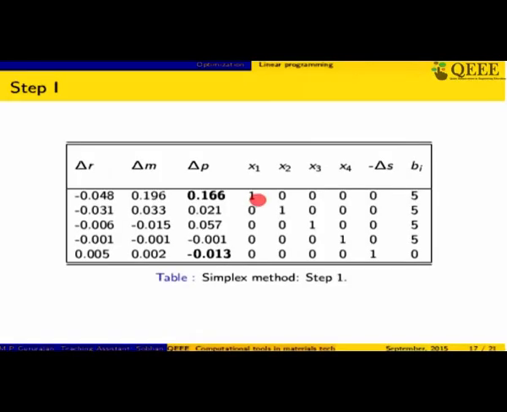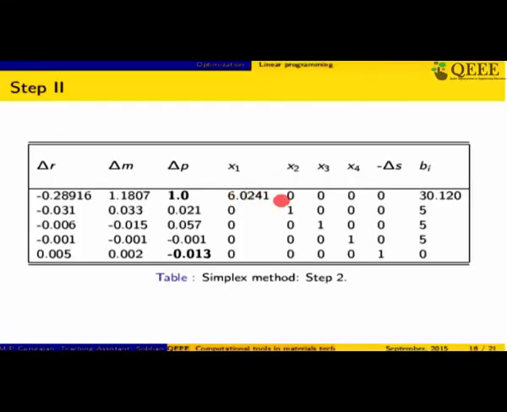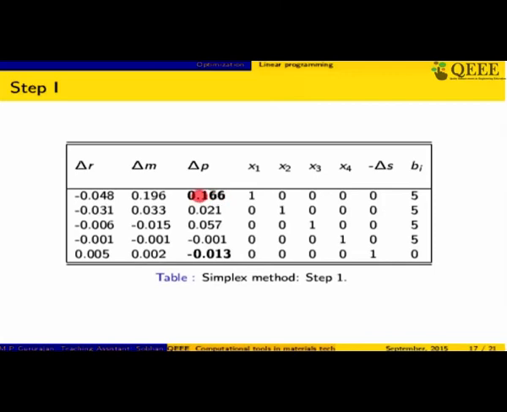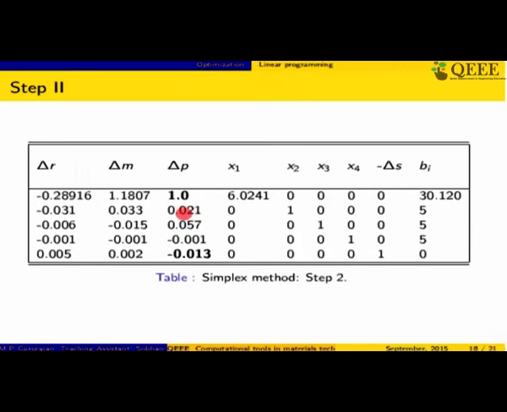Okay, so you are dividing 1 by 0.166, and that is why you are getting 6.0, and so on. So after you have divided, you have these values. But we not only want to get this 1, we also want to make these 0. How do we make them 0?